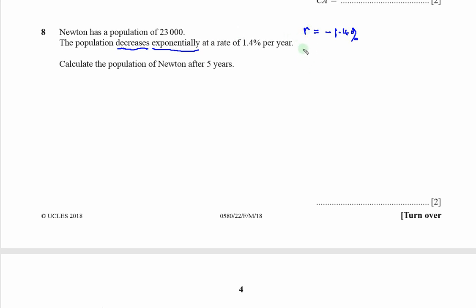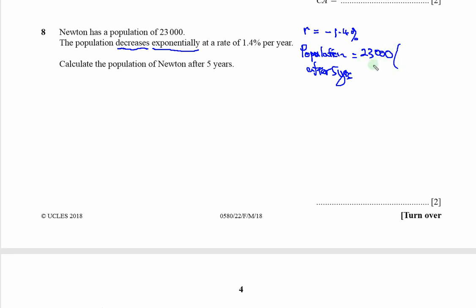Therefore, your population after 5 years is equal to the population as of now, which is 2300.